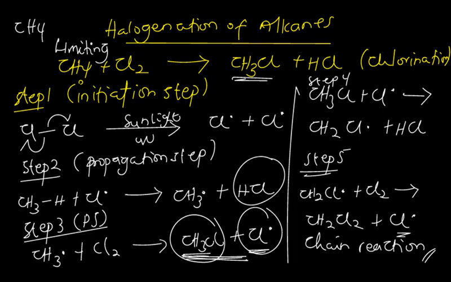It will go and attack the new methane molecule in solution to give us another chloromethane. So we have chloromethane produced in excess. But in the absence of excess methane, they will be forming dichloromethane, trichloromethane, and then tetrachloromethane.